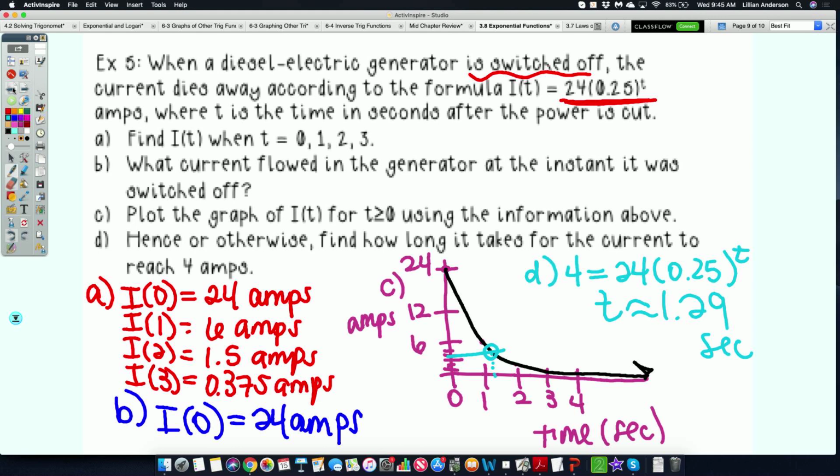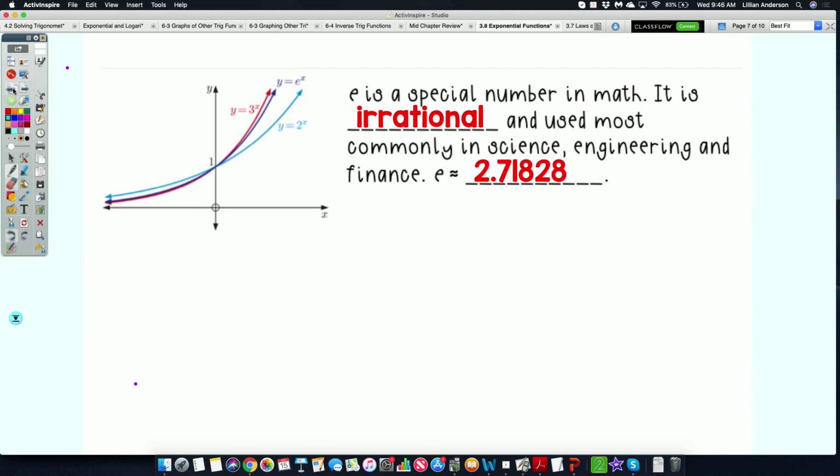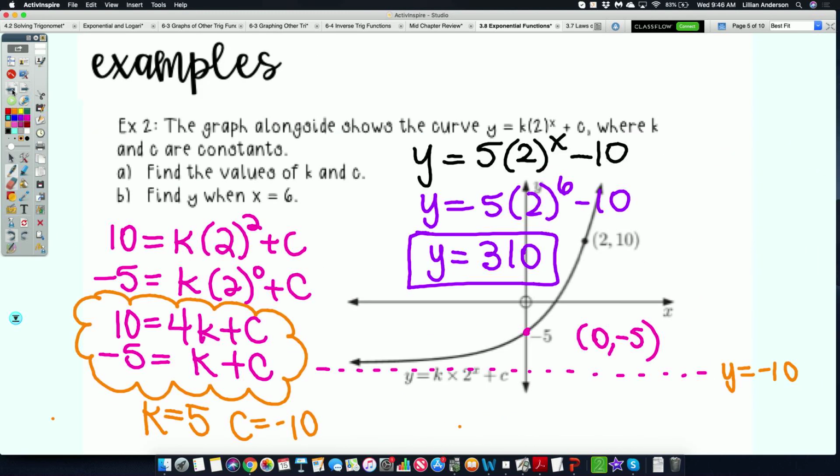Remember, the C represents your horizontal asymptote, the lowest the graph can go. Make sure that if you have the graph, you label correctly, and also put the labels in for your x and y axes. And make sure your numbers are on the actual axes. Okay? And other than that, I believe that's it.